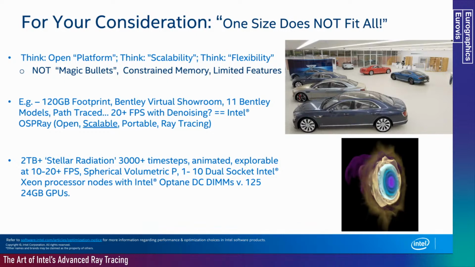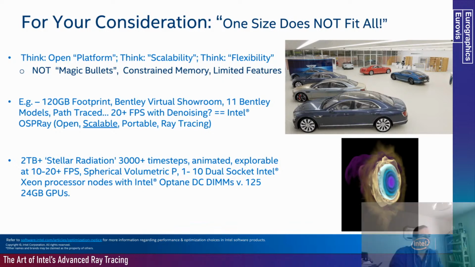I recently wrote an article, so I just wanted to touch upon some of the concepts in there. It was called "One Size Does Not Fit All." As you consider your use cases, your needs, your development, your research, these are the types of things that we are thinking about at Intel. Think about an open platform, not just a particular kind of compute device.